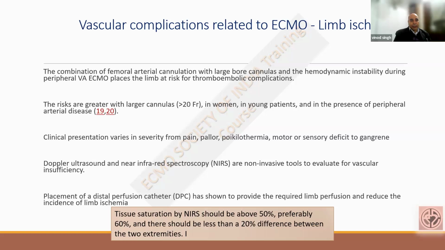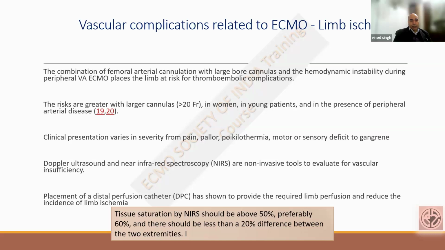The clinical presentation varies in severity from pain, pallor, poikilothermia, motor and sensory deficit, to gangrene. Doppler ultrasound and NIRS are non-invasive tools to evaluate vascular insufficiency. And nowadays we are also checking the flow in the reperfusion cannula.